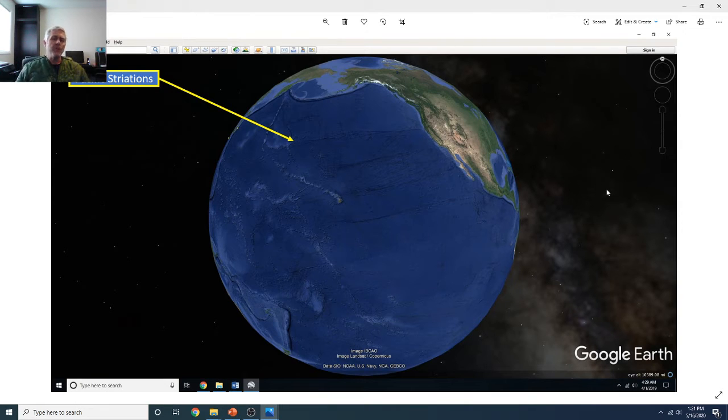At first, because I'm still thinking plate tectonics, my first impression was that the Pacific Ocean was moving westward more quickly than the North American continent.